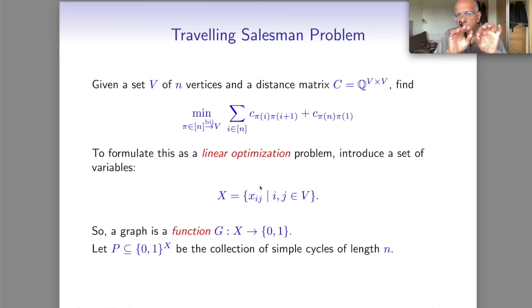But because you could start the cycle at any point, you've counted every cycle n times when you take the n factorial different orders. So there are (n minus 1) factorial different simple cycles. So this is a set P of (n minus 1) factorial 0-1 vectors.